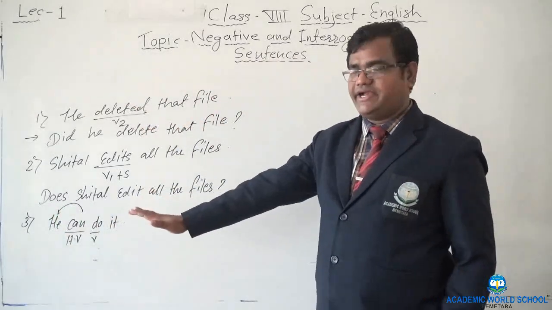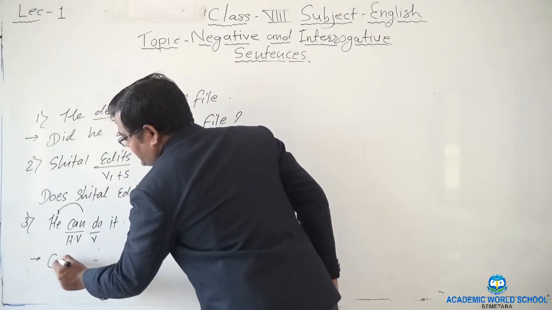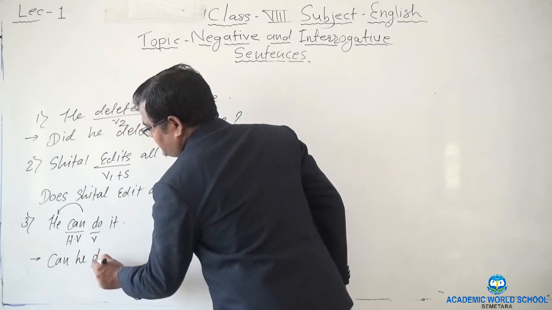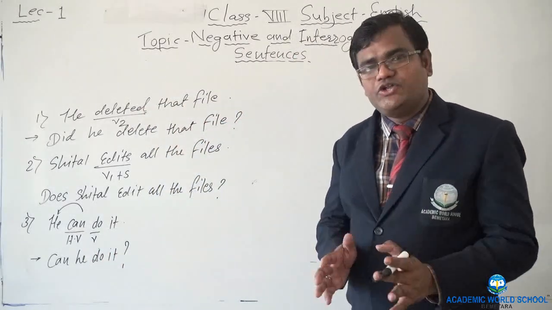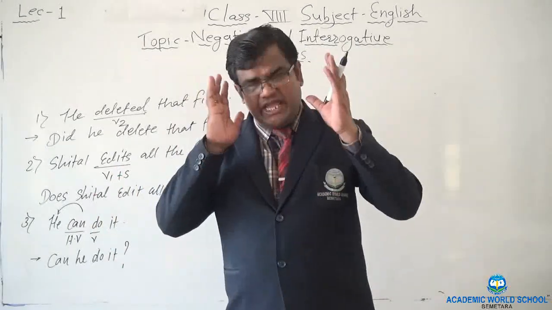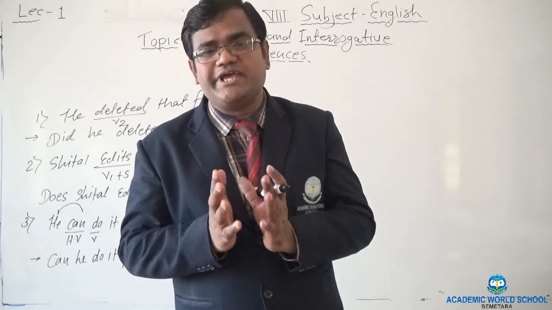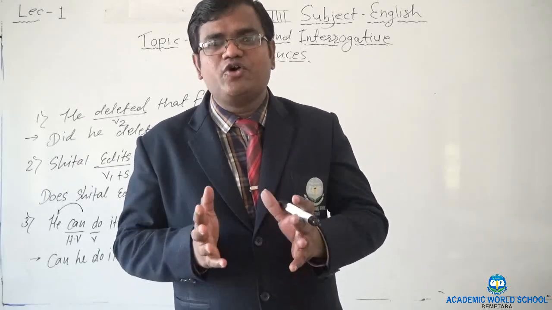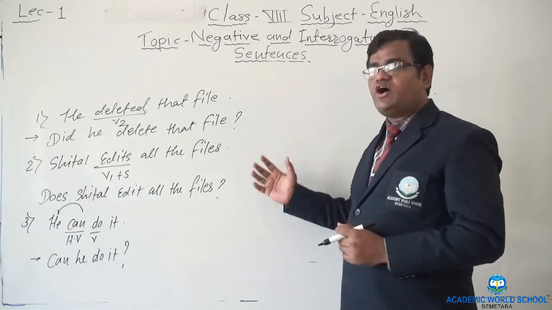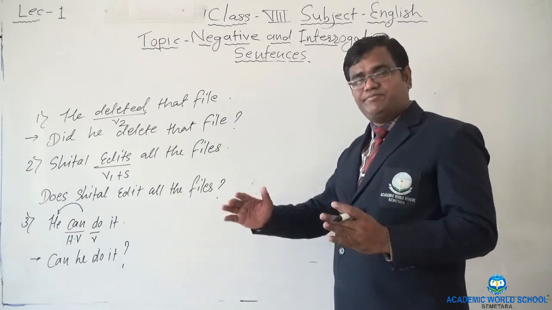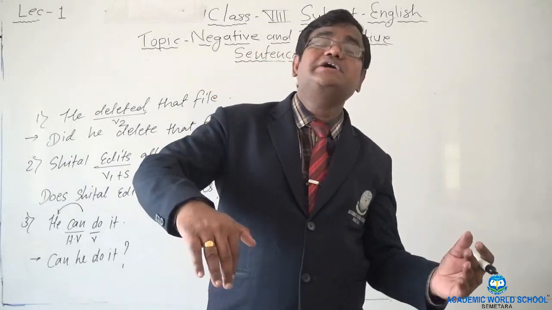I will bring it ahead, and he will go to the second place. So the answer will be: Can he do it? Question mark. Can he do it? With any helping verb, if you bring it to the first place, you will get the verbal type of question. Simply interchange the helping verb with the subject and the subject with the helping verb.